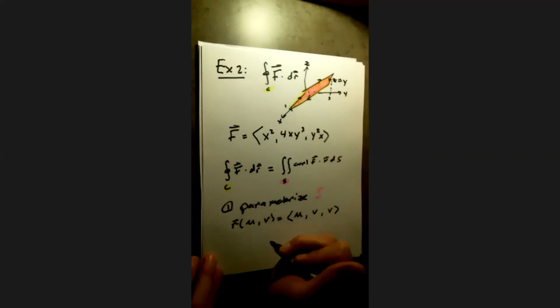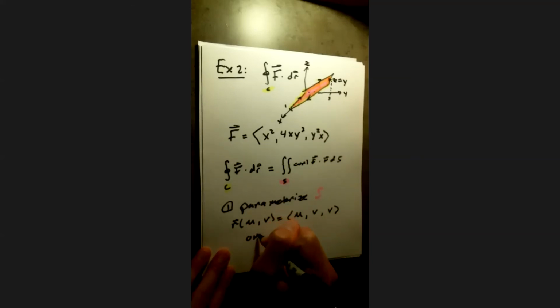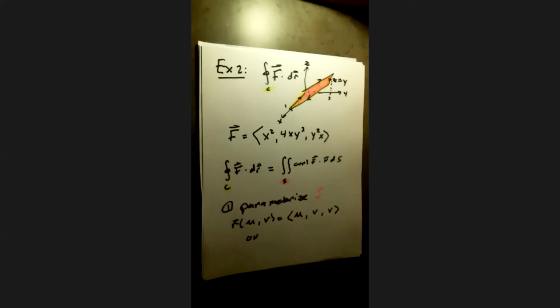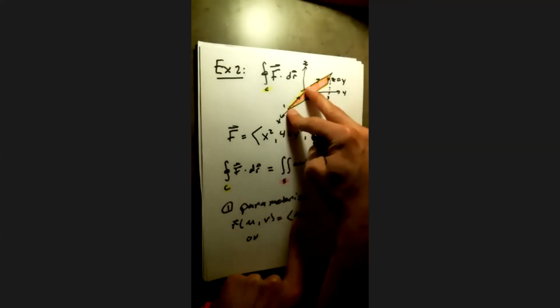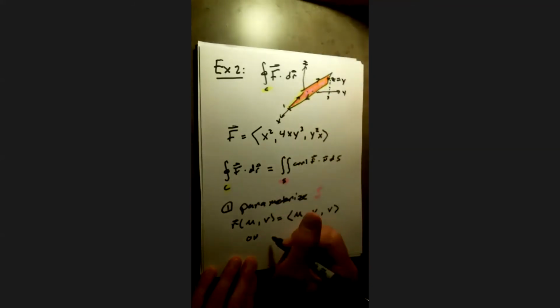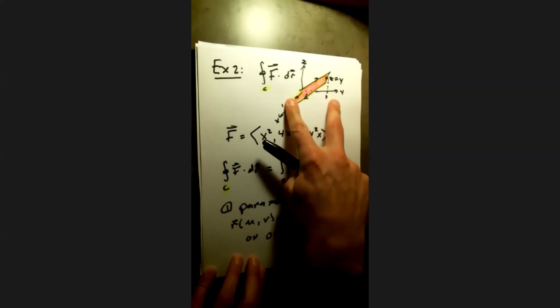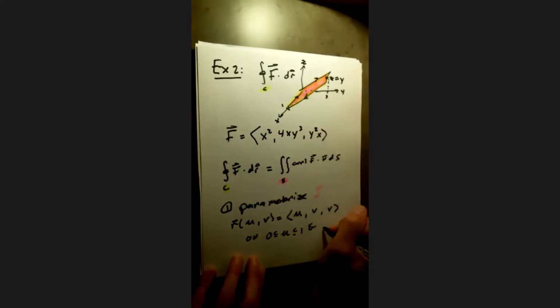So we parameterized, and this would be the u values. Remember, this is our x, and our x's are living between 0 and 1. So 0 less than or equal to u less than or equal to 1. And our v's are living between 0 and 3. Again, a little tough to read on the picture here, but that's where our parameters are living.